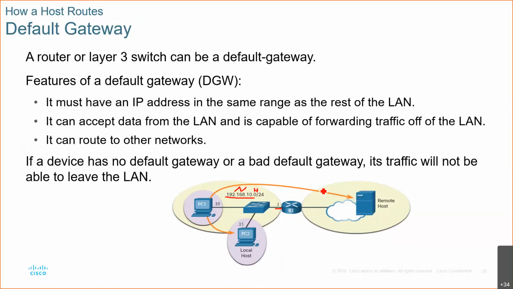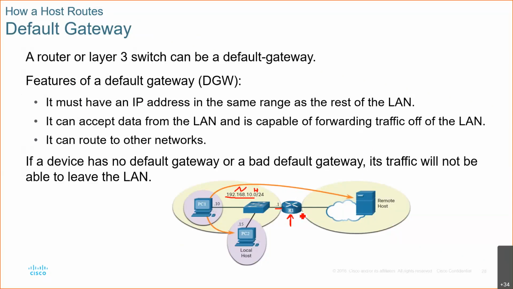If your data is destined for a remote host, it has to go through the gateway. In the gateway, there is a table with information about other connections. And then from there, it is the problem of this R1. Whether it sends it to another router or to the network connected to it, we don't have to worry about it.